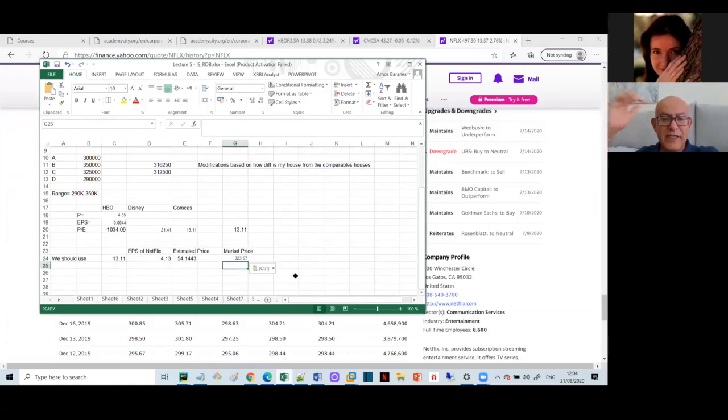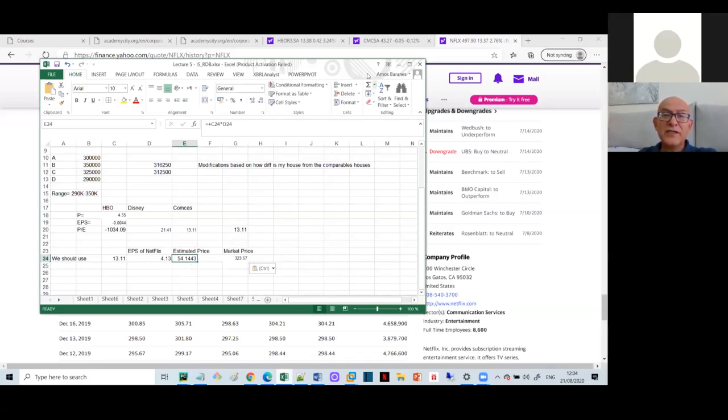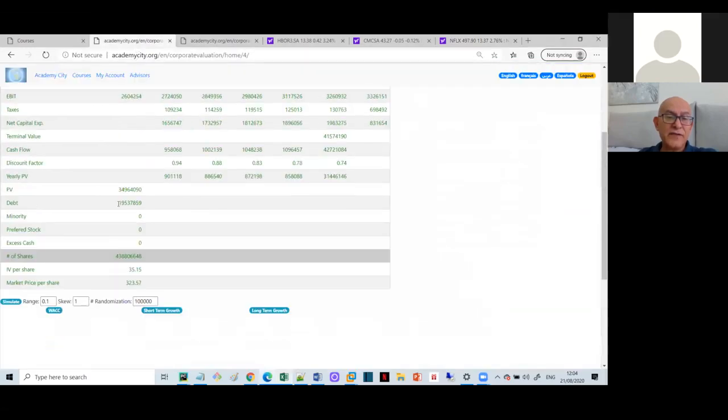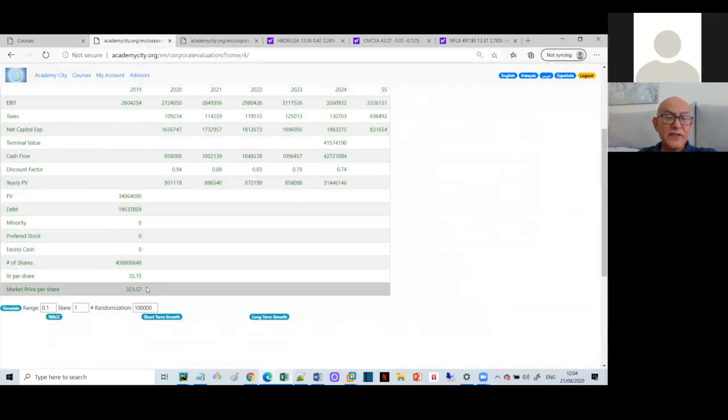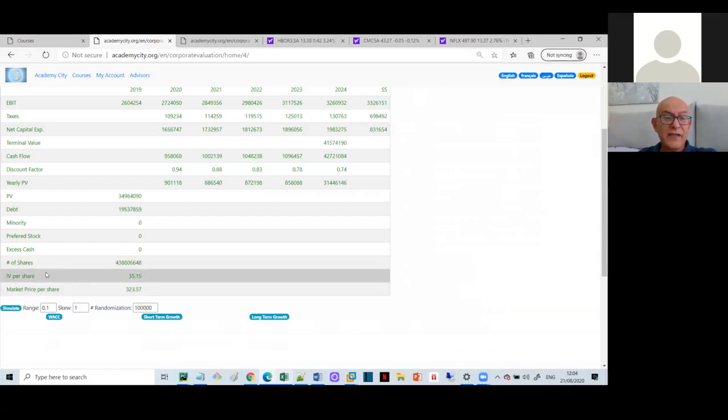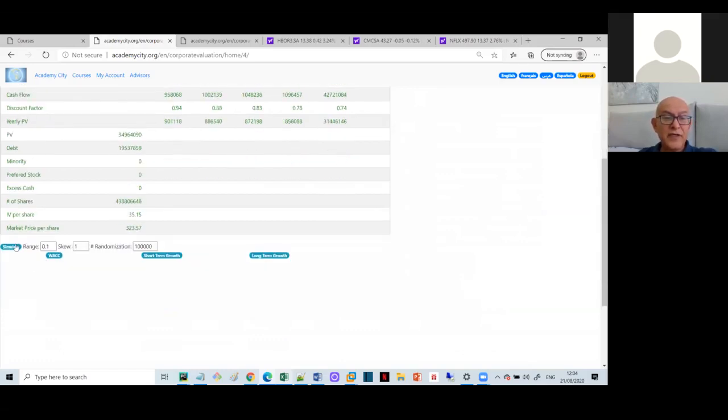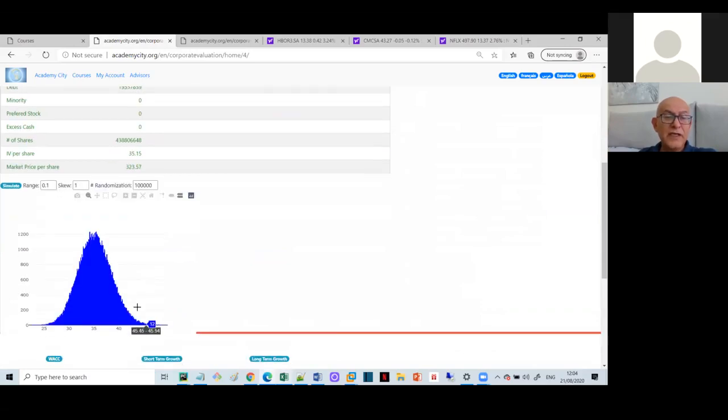Now, when you look at this number, what do you think about this difference? This is a huge difference. Even so, this is really interesting. I got 54. It's quite close to what I got here in the valuation and discounted cash flow, by the way. This is 35. So if I simulate it a little bit, and there's another topic which I'm not going to get into, it is around 45.